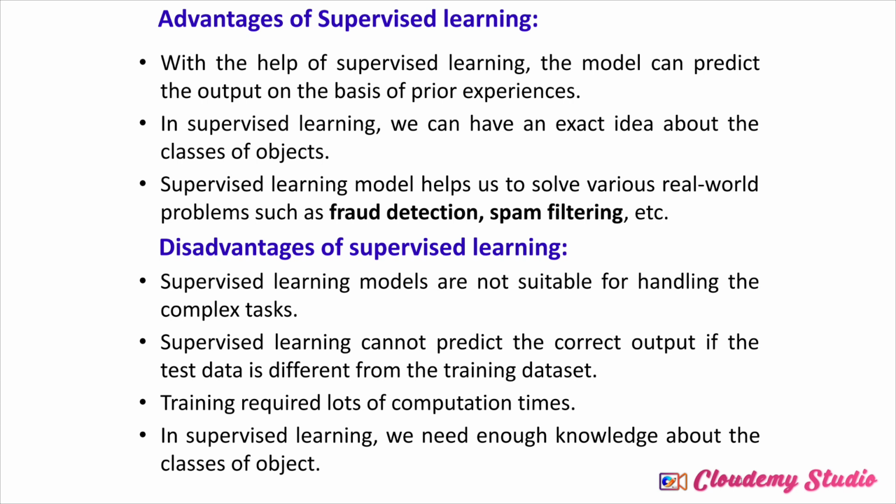So let's check the advantages of supervised learning and what the disadvantages are. First, the advantages. With the help of supervised learning, the model can predict the output on the basis of prior experience. In supervised learning, we can have an exact idea about the classes of the objects.